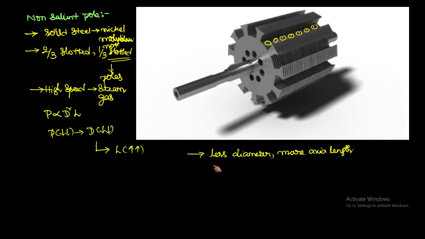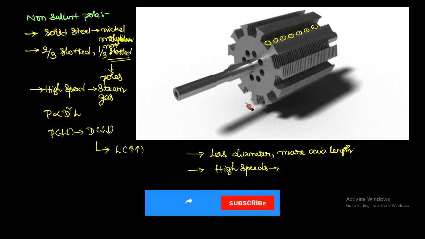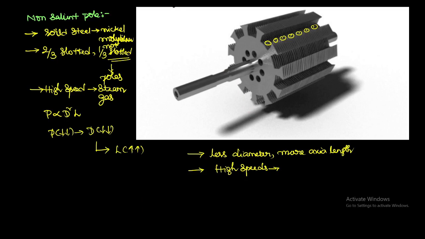Here the very big advantage is you can rotate at high speeds. For high speeds we have to use this type of cylindrical rotor, or non-salient pole type of rotor. That is the constructional details of the alternator.